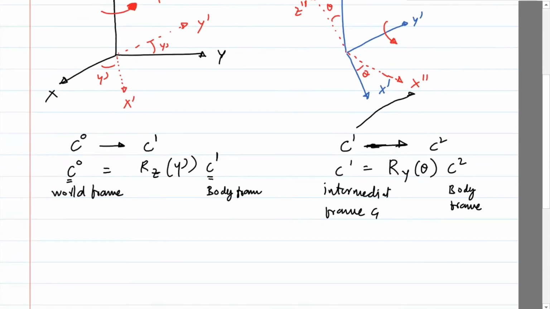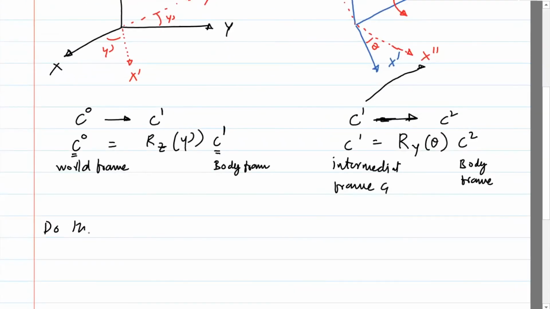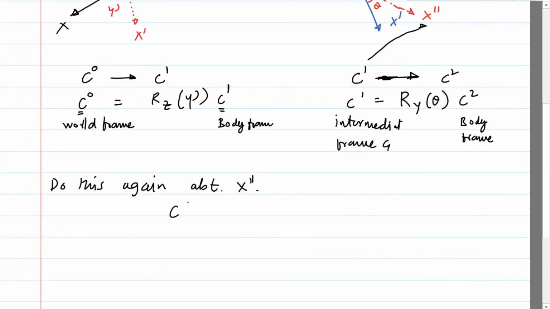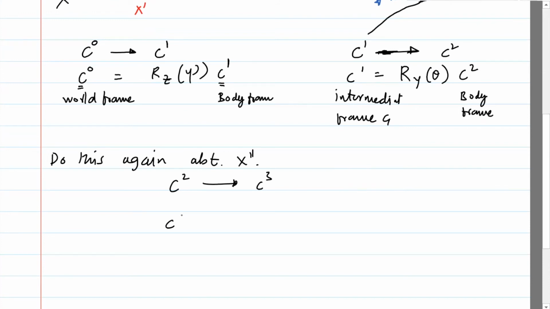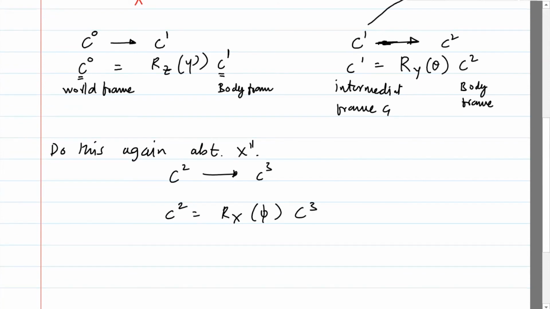Okay, and then we can do that again about the X-axis. So in this case, it will be X double dash, and we would have C2 transforming to C3. And then we can write C2 equals R_x(phi) C3.